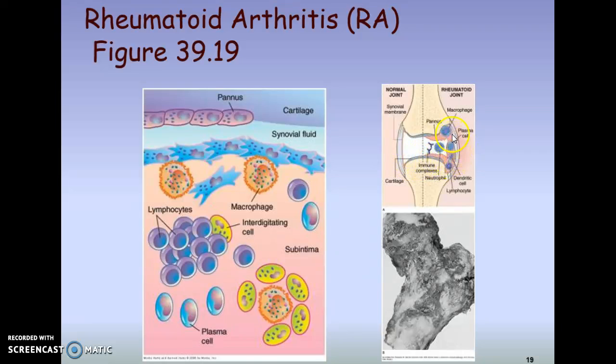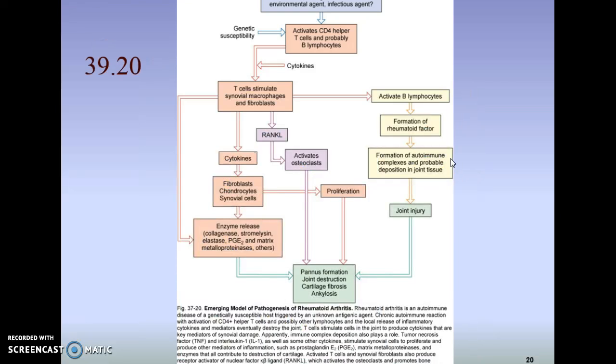You have breakdown of the synovial membrane that you see nicely here in the normal joint. And then all of these other immune cells. You have the dendritic cells, the immune complexes. You've got lymphocytes that are coming in to produce and secrete the antibodies. Potentially even T cells are coming in and causing damage.